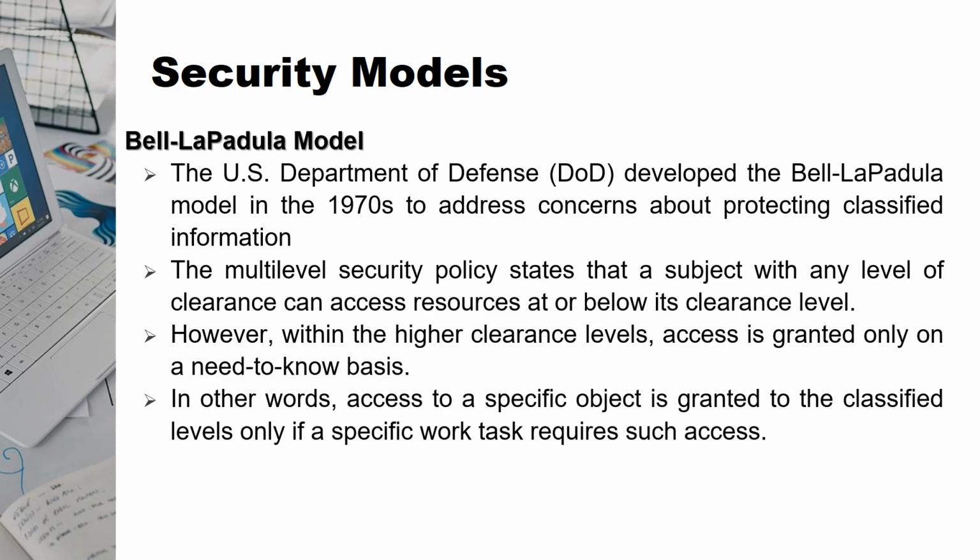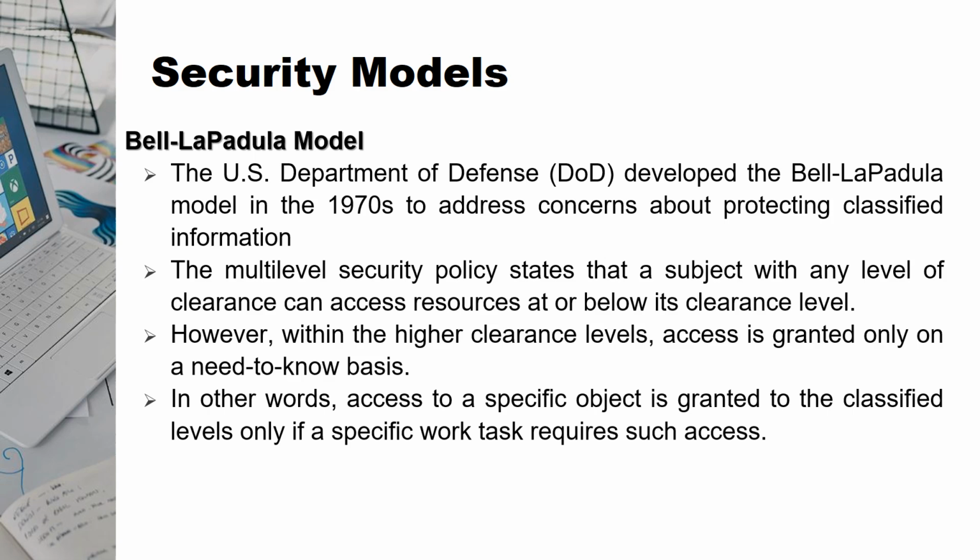In simple terms, it means that a person or system, called a subject, with a certain security clearance can access information, called an object, at their level or below, but not above. For example, someone with a secret clearance can access secret or confidential documents, but not top secret.